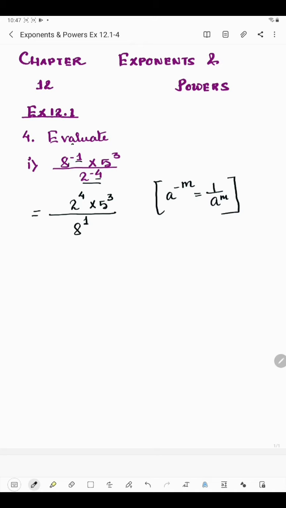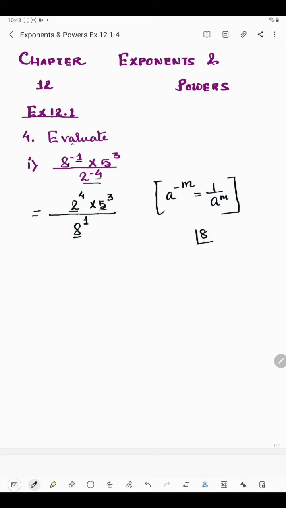So 2 to the power 4 multiplied by 5 to the power 3 divided by 8 to the power 1. Now to solve this, we will have to make the base the same. The prime factor of 2 is 2 only, the prime factor of 5 is 5, so we cannot do anything, but we can find the prime factors of 8.